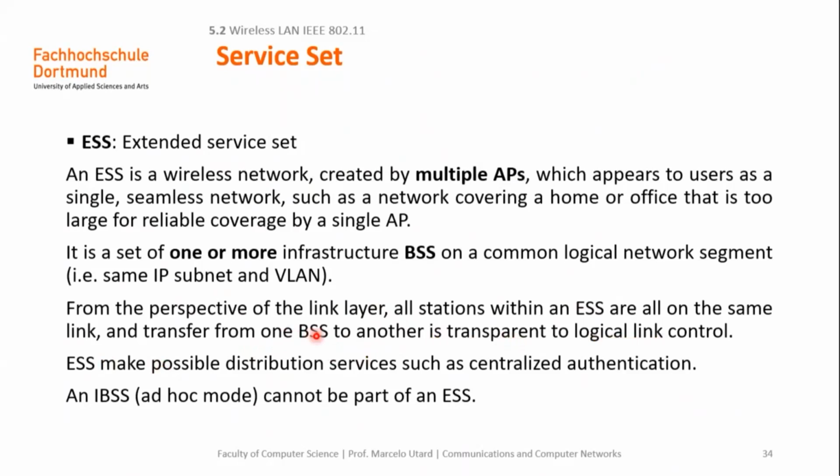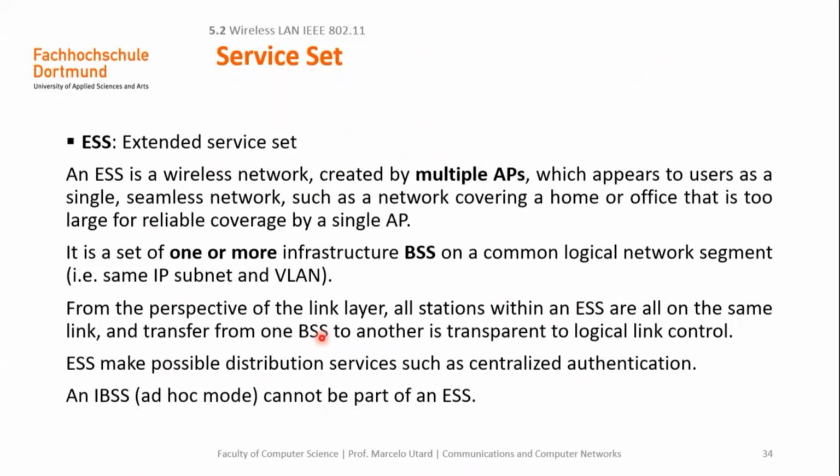Because remember that, for instance, we could have several BSS with different frequencies, for instance. Then we could have the same SSID with several BSS, one BSS for each frequency.